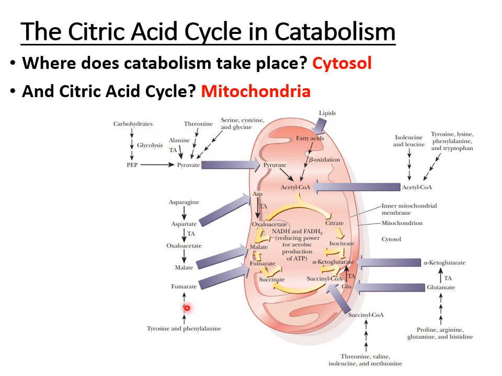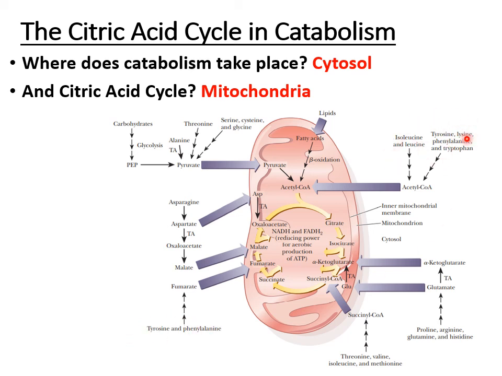So all of these reactions that you see out here, these are to show you catabolism occurring in the cytosol. You'll notice that the catabolism of carbohydrates, of lipids, so I forgot where they put lipids over here, and then of various amino acids.